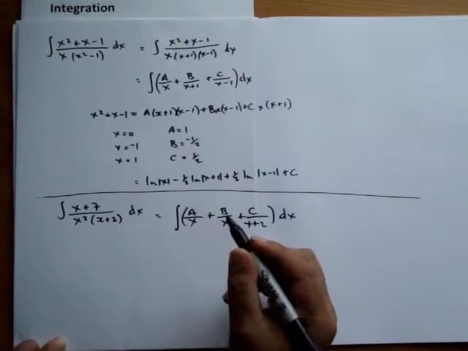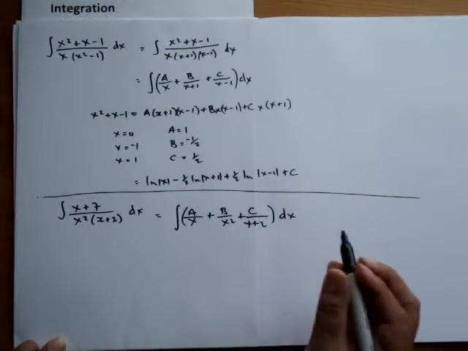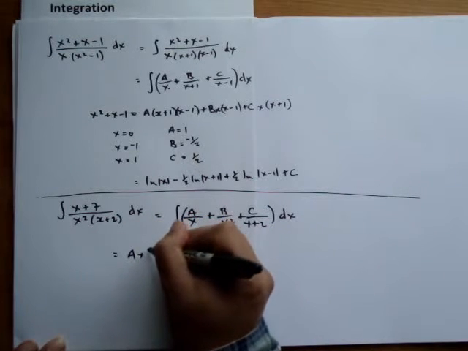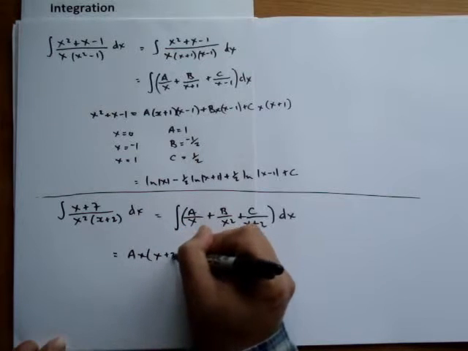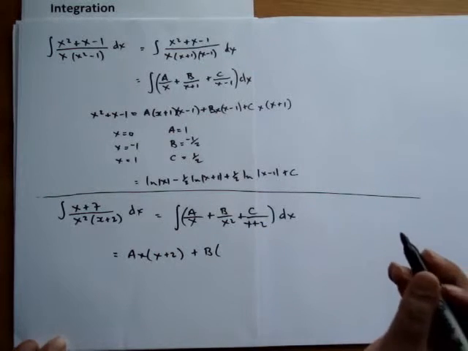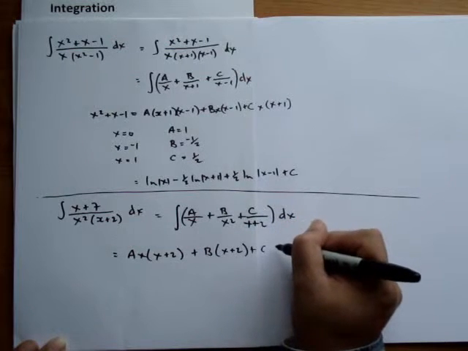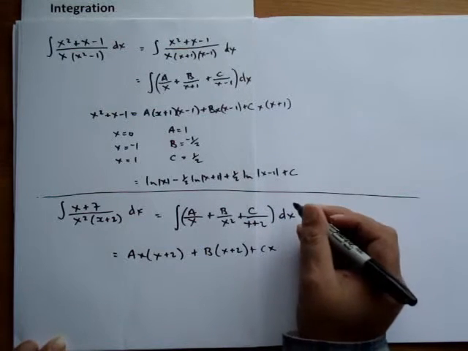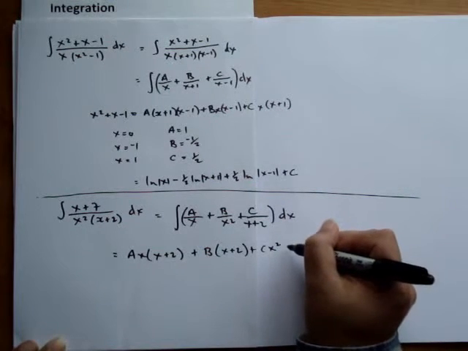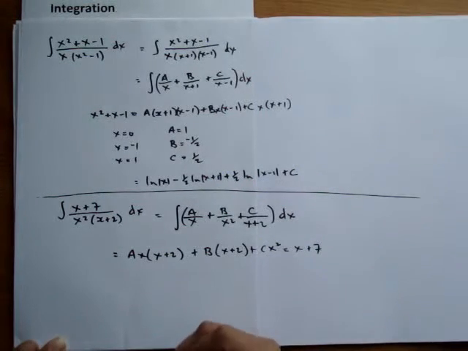Then when we get the common denominator, add the fractions and equate the numerators, we get ax(x plus 2) plus b(x plus 2) plus cx squared equals x plus 7, which is the numerator.